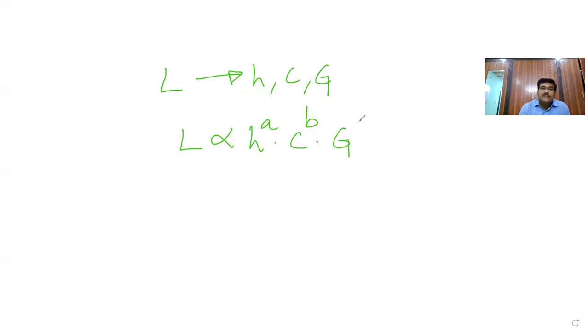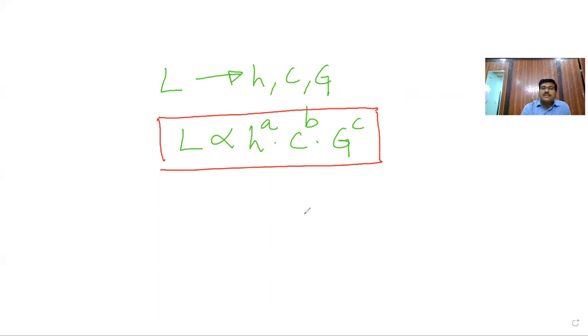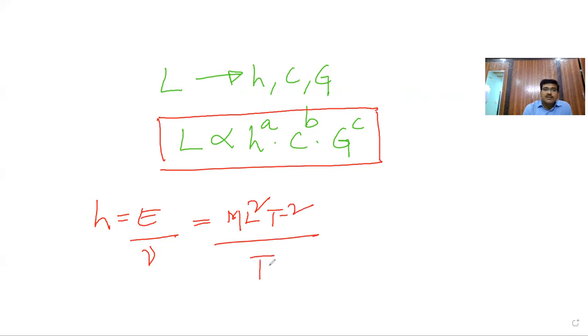G to the power of c, we don't know the power. This is a statement we are forming. Clear? The meaning of this sentence is this. Now, the dimension formula of Planck's constant is energy by nu, frequency. So energy is M L square T minus 2. Frequency is T minus 1. So final dimension formula of Planck's constant is M L square T minus 1.